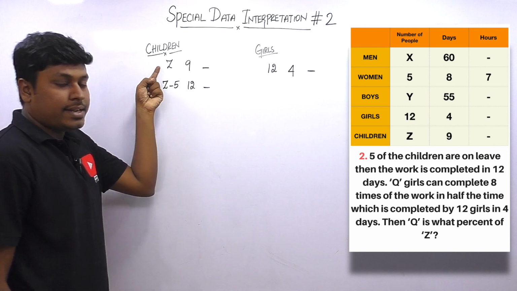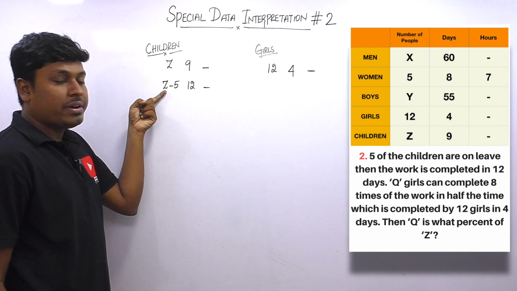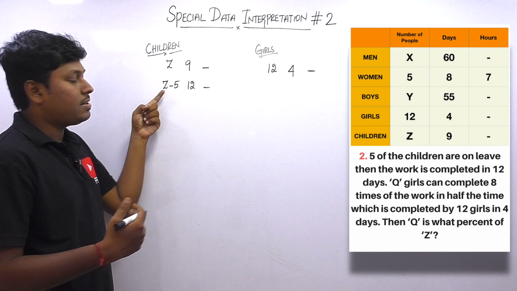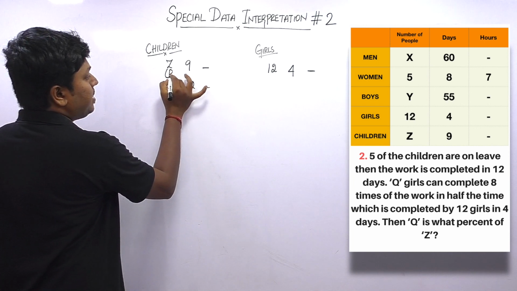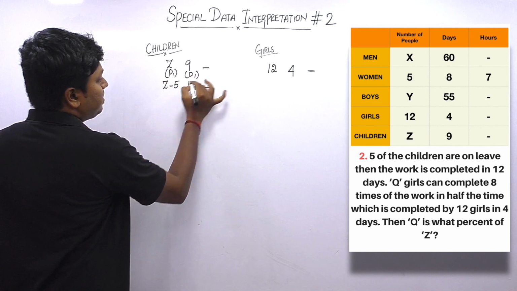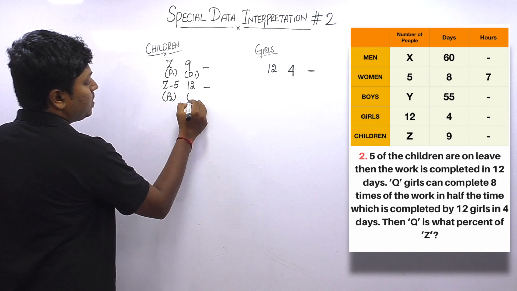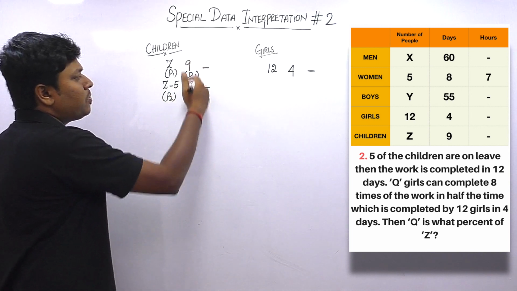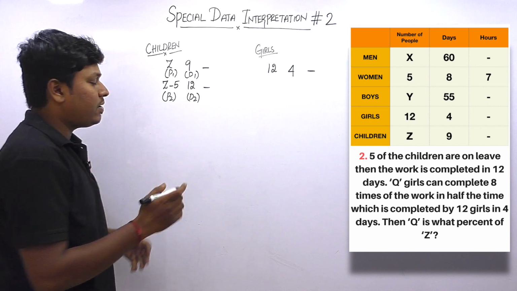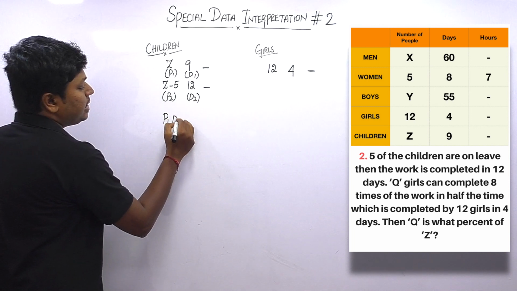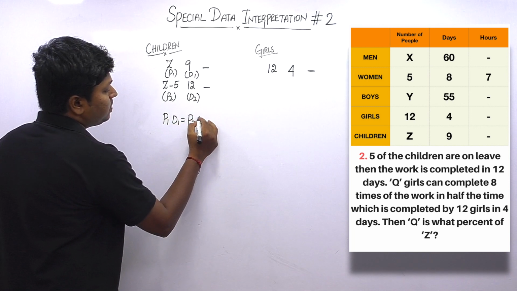So this was the actual data given in the chart, and based upon the question we have written another condition. This can be taken as P1 D1, right? Similarly, condition number 2, person 2 and days 2. Here in both the cases the children are doing the same work, so we can say that P1 D1 is equal to P2 D2.